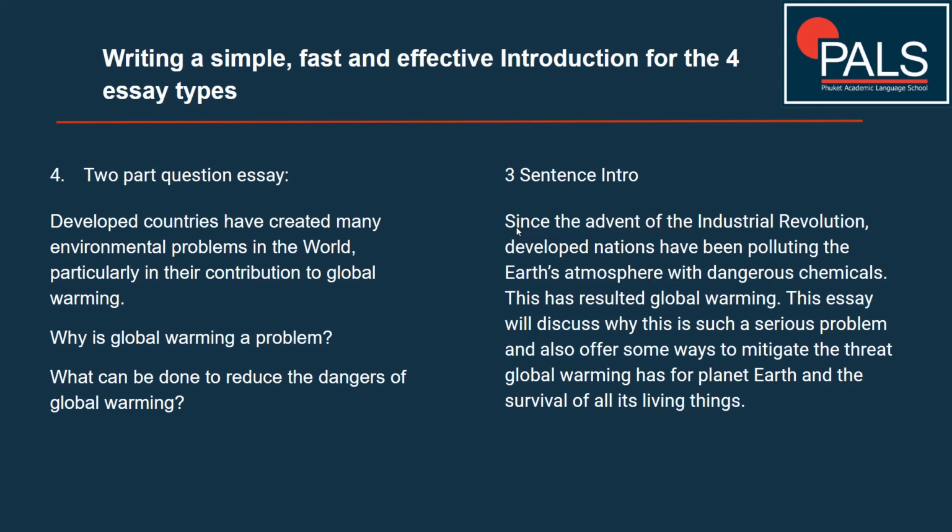This essay will discuss why this is such a serious problem and also offer some ways to mitigate the threat global warming has for planet Earth and the survival of all its living things. Okay, so you can see there. The last sentence again talks about what we will do with both questions. You can see that clearly.